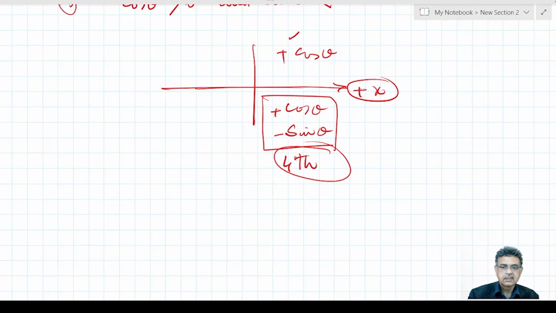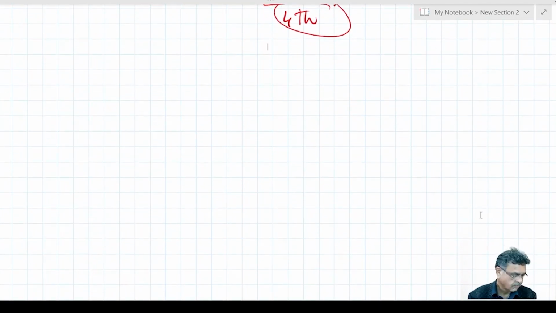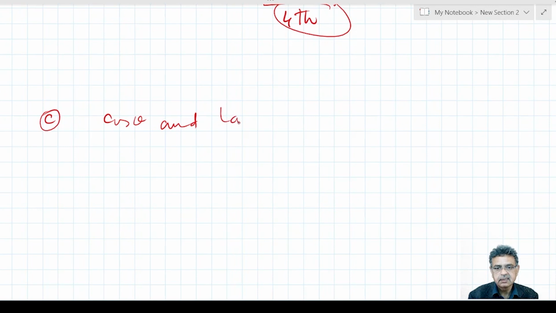Now the next part says cos theta and tangent theta are of the same sign.